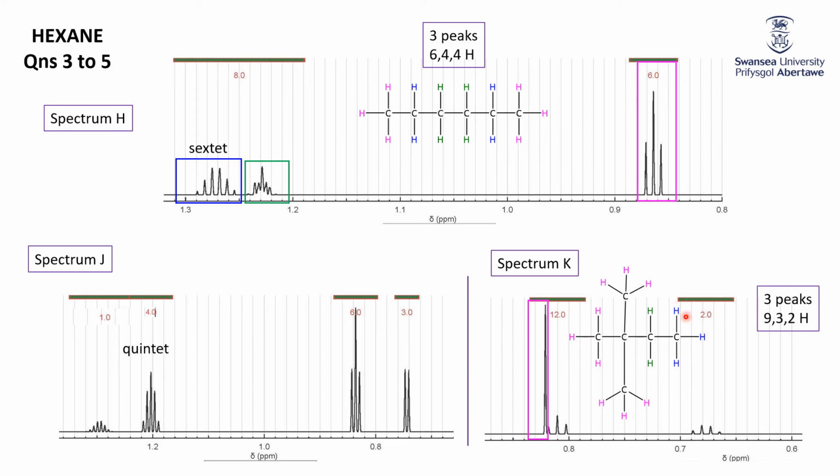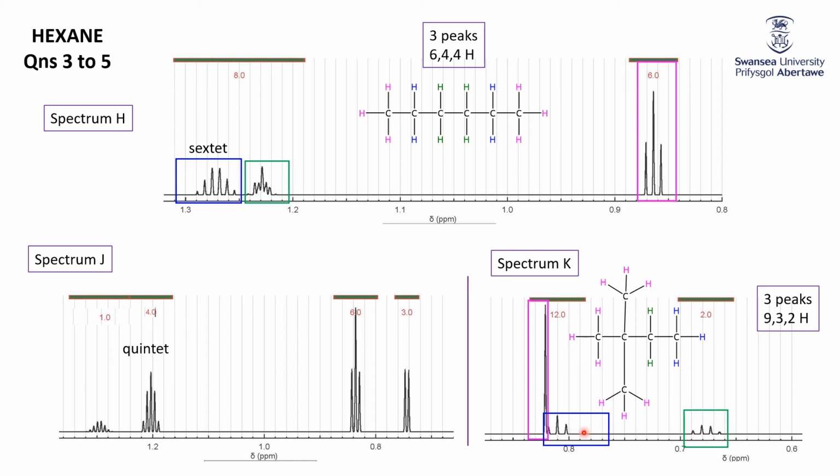And then when I look at the blue ones, the blue hydrogens are on a carbon next to a carbon that's got 2. So therefore I would expect these 3 hydrogens to be split into a signal of 3, that little triplet there. So there indeed is the blue triplet and the green quartet.